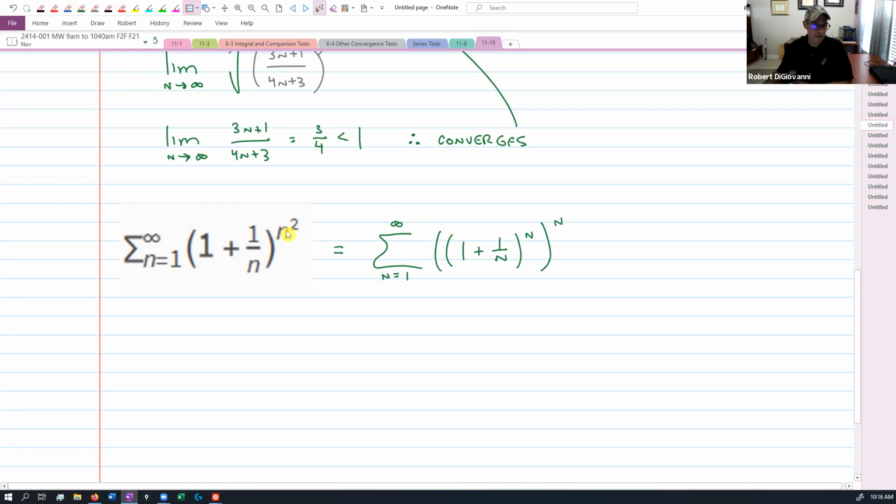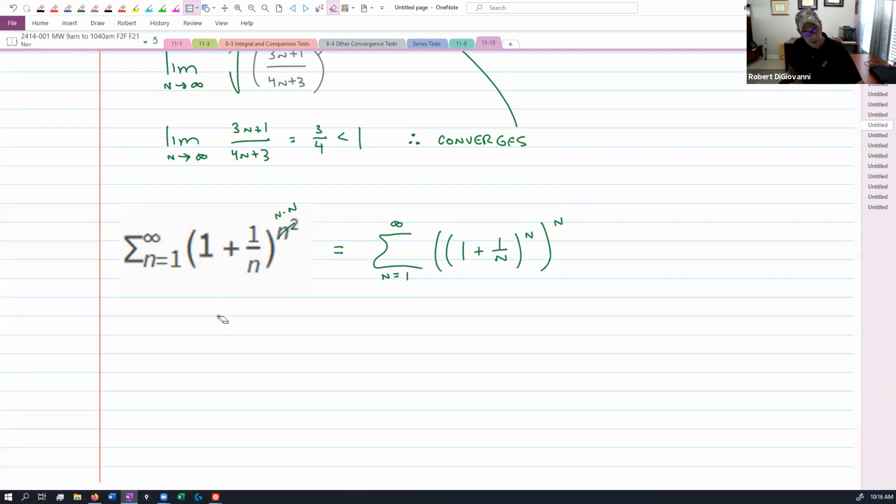That's what n squared here means, right? N squared means you're multiplying n times n. And so if I wrote this as 1 plus 1 over n to the n and then raise that whole thing to the n, you're going to multiply these two powers together, and that gives you n squared, right? So that's just another way of writing the same thing.